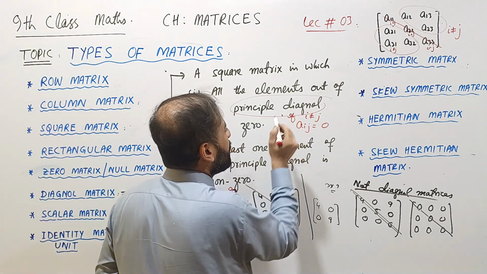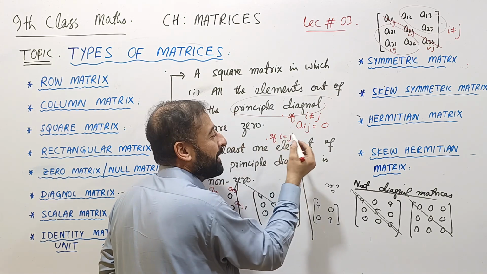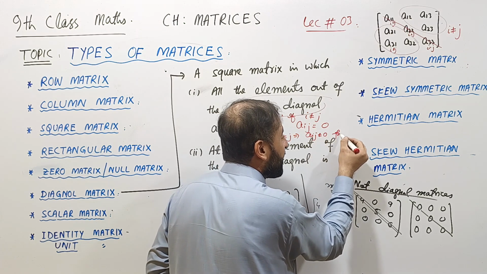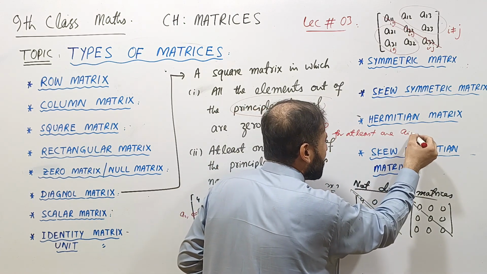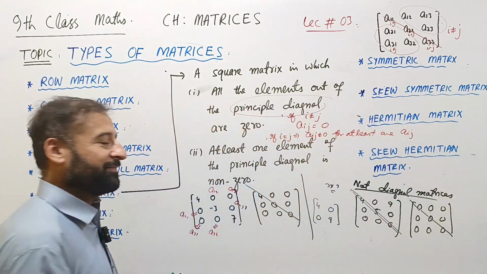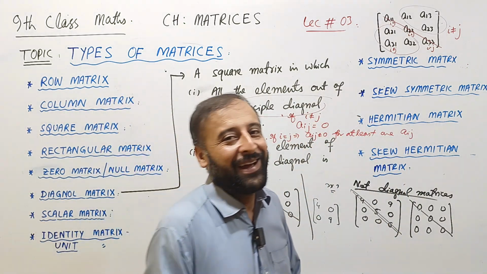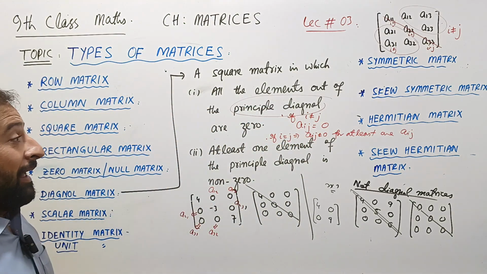So mathematically you say, if i and j are equal, meaning elements of the principal diagonal, aij will not be equal to 0 for at least one aij. I'm sometimes switching over to Urdu because I'm used to it. Before recording this lecture, I recorded that one.